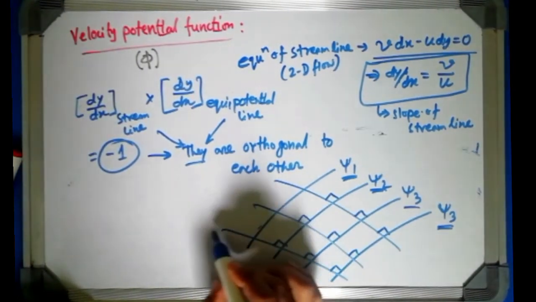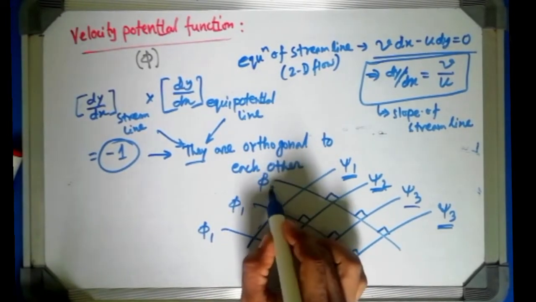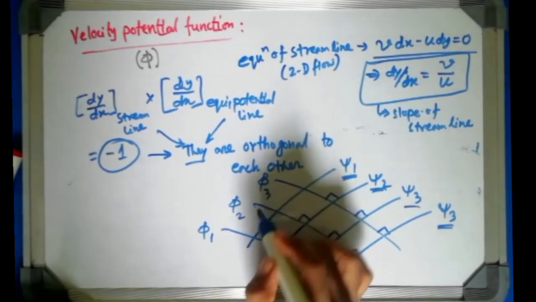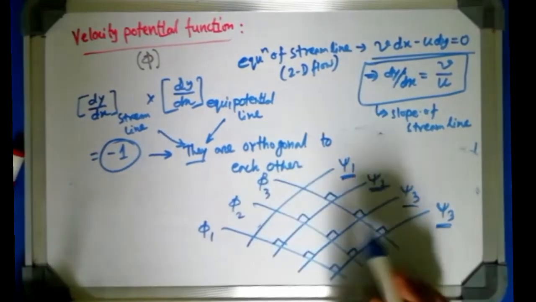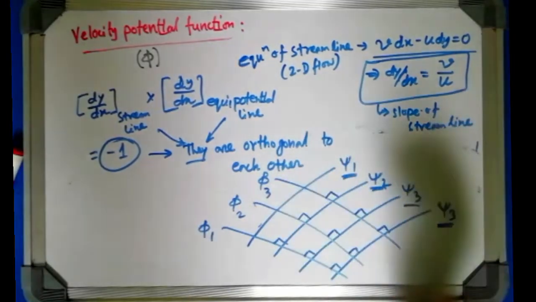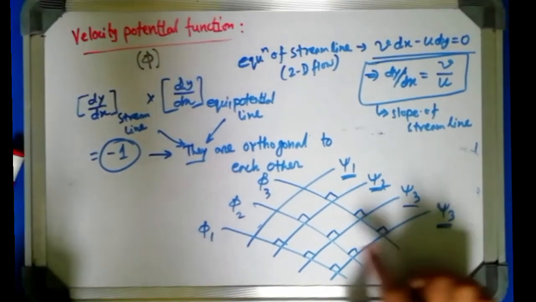These are different phi lines, that is equipotential lines, phi 1, phi 2, phi 3. They are different equipotential lines and they are different constant streamlines. That means stream functions are constant along these lines.